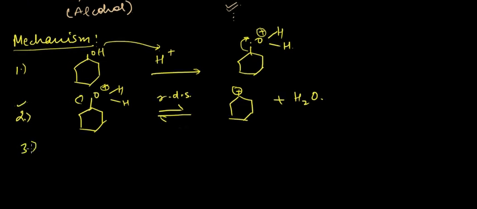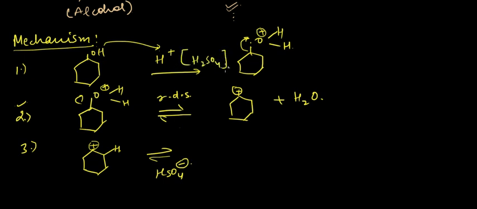Next, what happens is again the carbocation reacts with HSO4 minus. By the way, this H plus actually came from H2SO4, right, in our case. After losing one H plus, H2SO4 converts itself into HSO4 minus, and this HSO4 minus again attacks this acidic hydrogen.